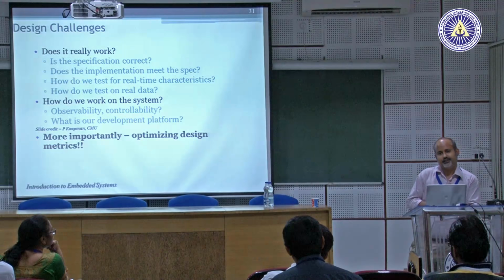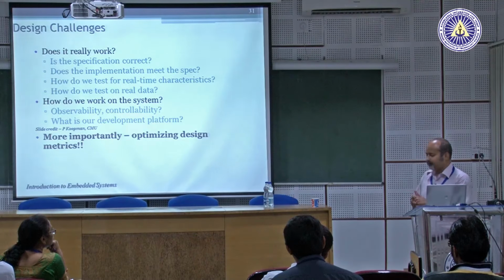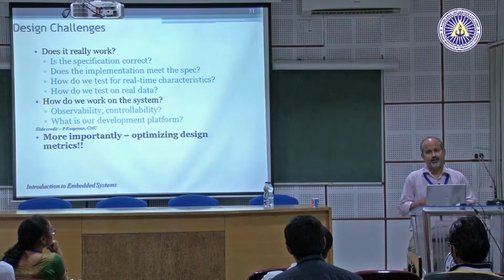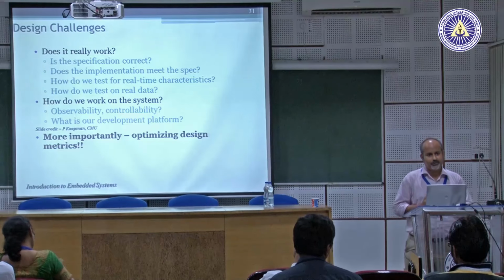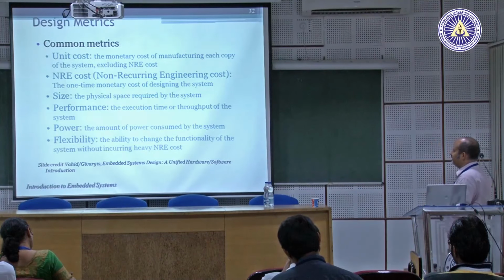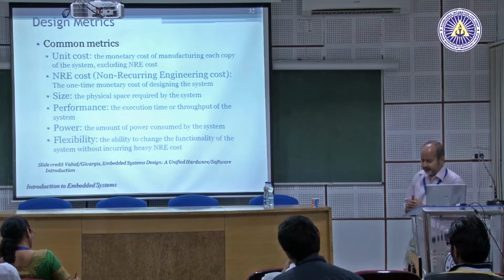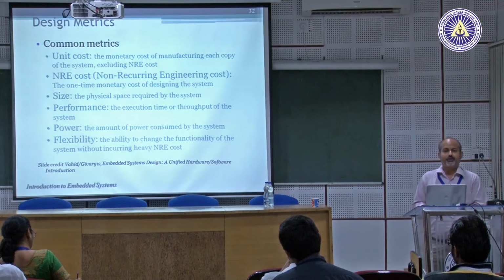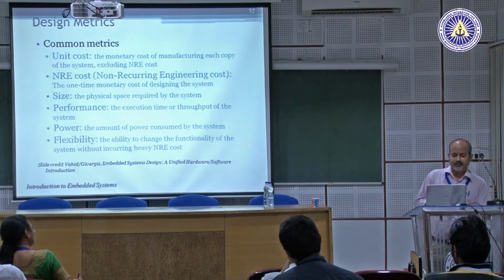Then the other thing is optimizing the design metrics. What are the design metrics that you are optimizing for? Common metrics that people optimize for: the big one is cost, as we discussed before.